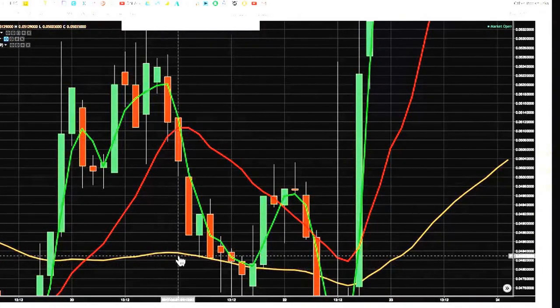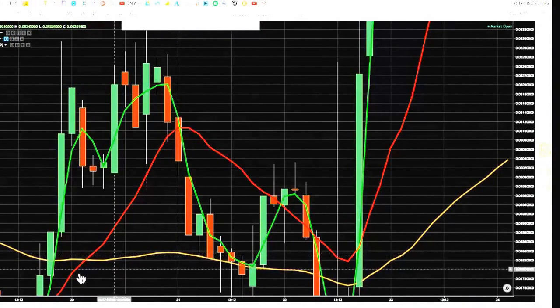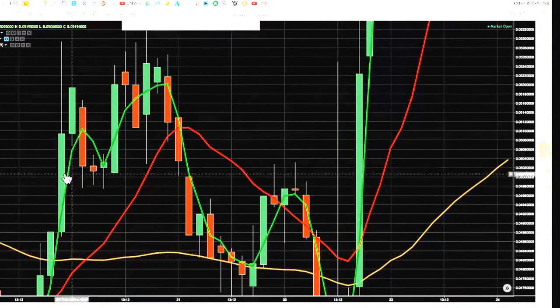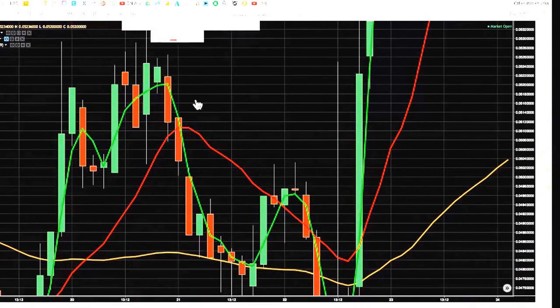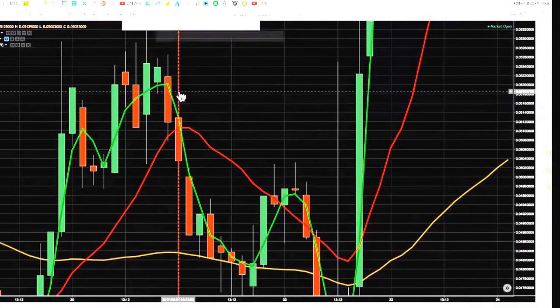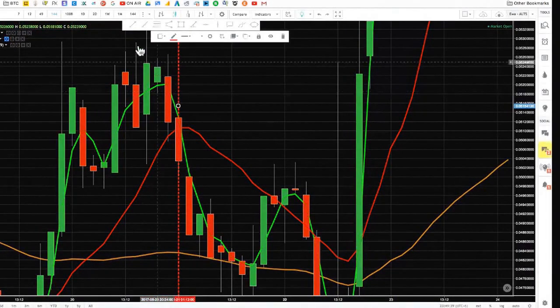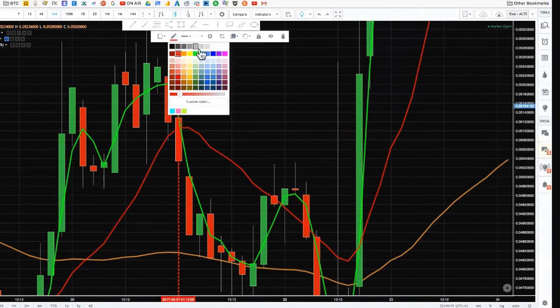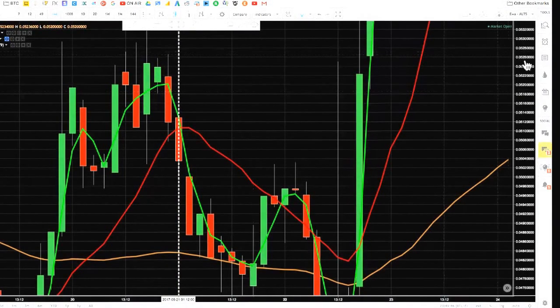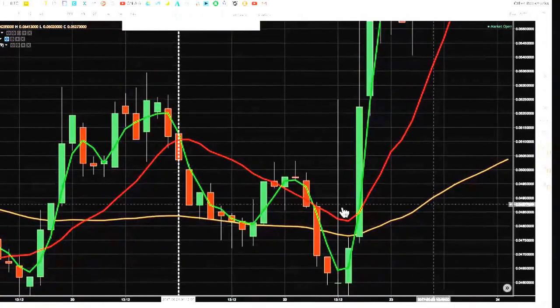But the highest point on that curve, where the marble can roll down either side, is right there where the orange hits the green. That's what I do. I look for the intersections where the orange and the green come together, and I usually mark it in white, and use this as my focal point for my trend line.